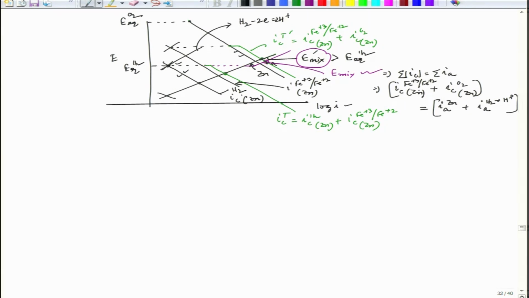So, this hydrogen line is staying above. So, we have to add the anodic current density of hydrogen with the anodic current density of zinc, and then only we get the concept of mixed potential theory. So, this is one variant for a situation when we have multiple cathodic and one anodic reaction.